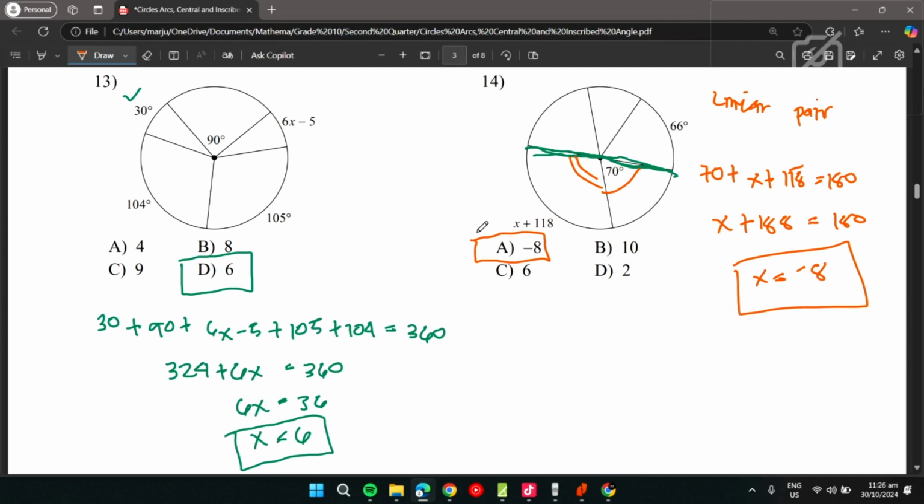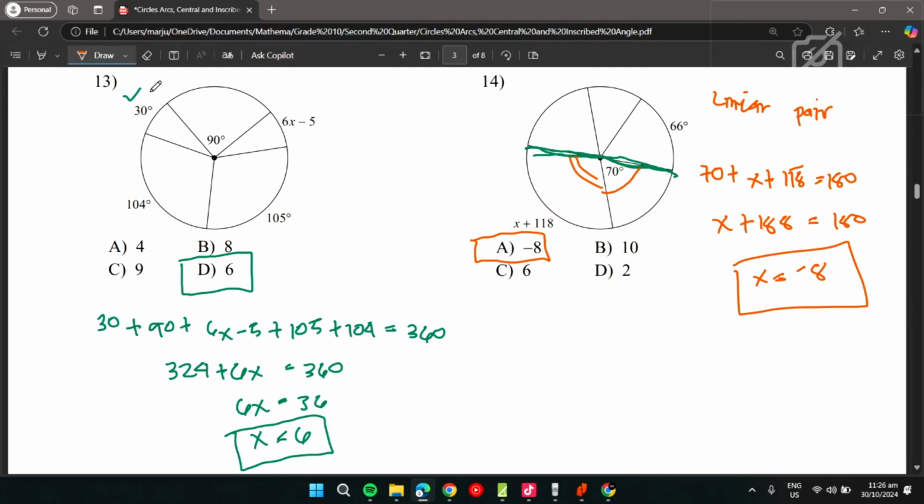Direction lang ng measurement. What do you mean direction lang ng measurement? Because measurements are meant to reflect quantities. Parang ang lalim nun. Ay, ano yung, bakit kaya?